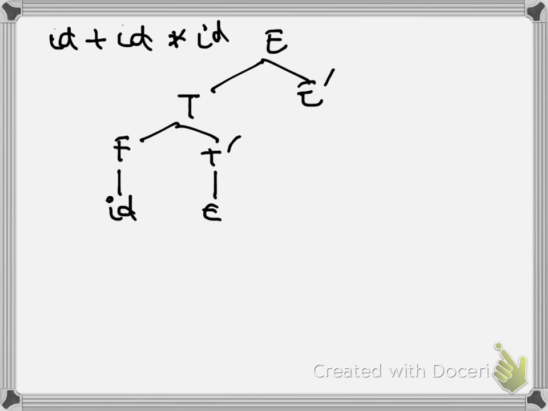Then T dash will be replaced by epsilon. Then E dash would be replaced by plus T E dash. Okay, so I got id plus, now T again here can be replaced by F T dash.